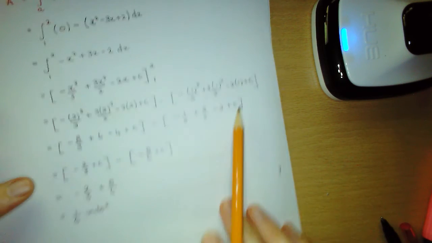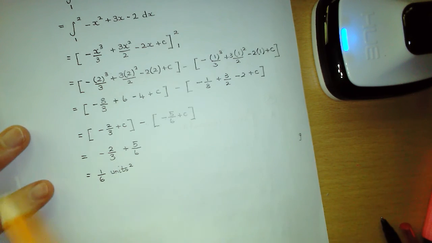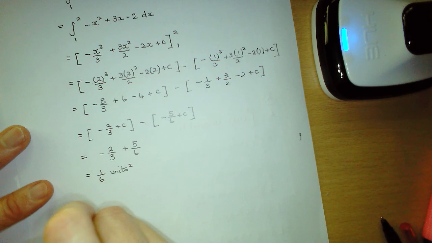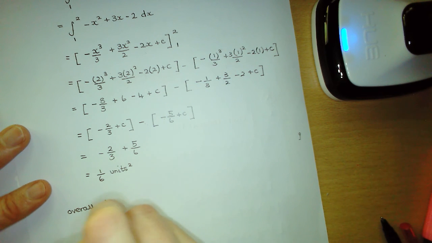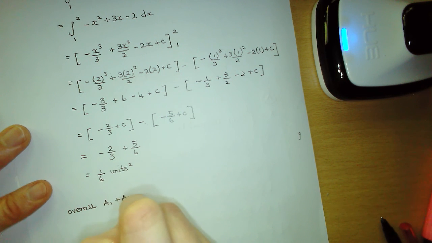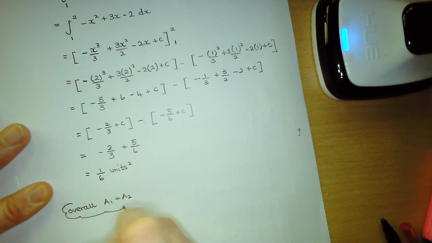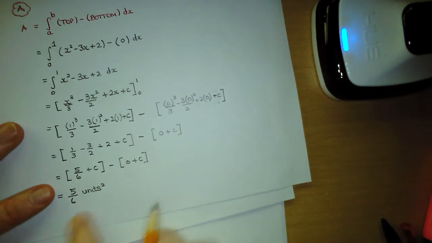So overall, A1 plus A2, the total combined area. So if we flick back, A1 was 5/6.